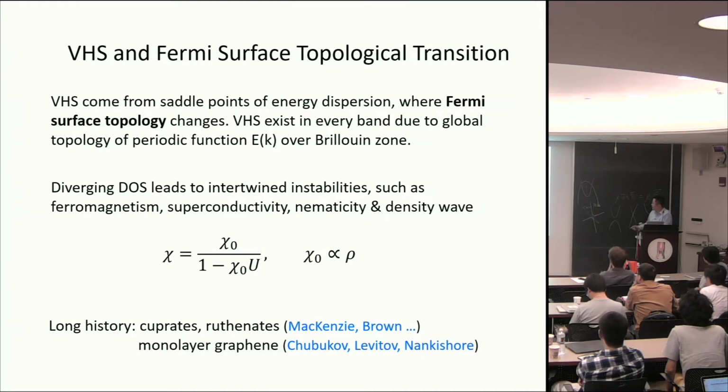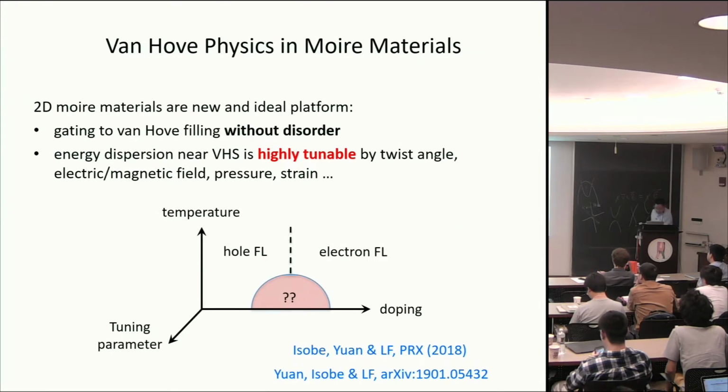So this scenario has been studied quite a lot in different contexts, in the context of cuprates, ruthenates, monolayer graphene, etc. Now, the way we think of it is that 2D materials provide a new and ideal platform for studying this Van Hove physics. First, one can always use gating to bring the Fermi energy or chemical potential to this Van Hove filling without introducing disorder.